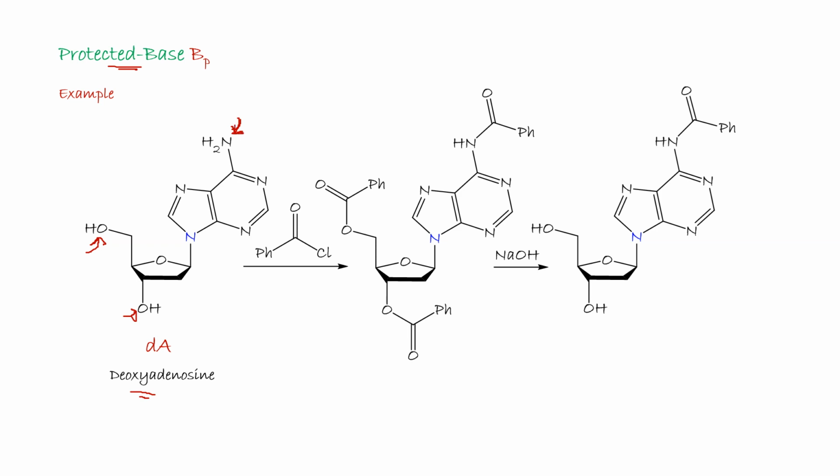So with excess benzoyl chloride, we get the tribenzoylation. The ester is more reactive than the amide, so if we treat this molecule with sodium hydroxide, the ester will get hydrolyzed faster, so we get a free OH, and the amide still protects the amino group, the benzoyl group.